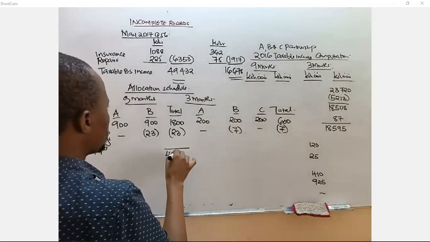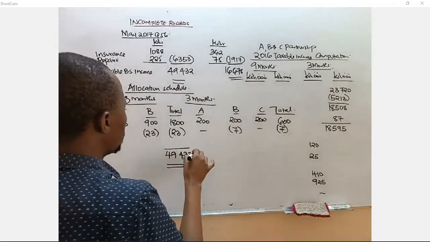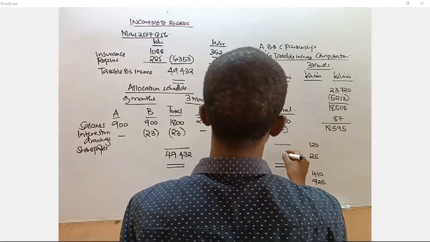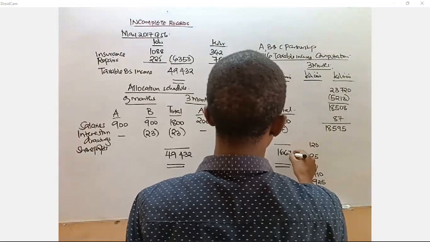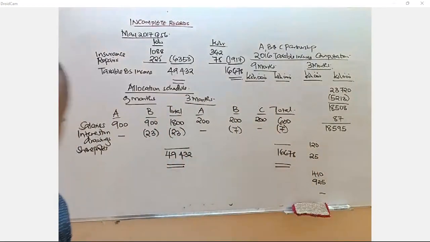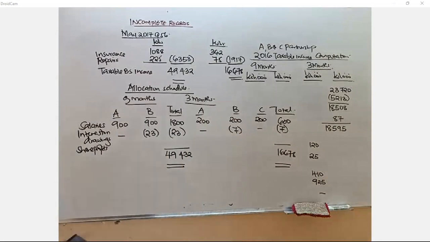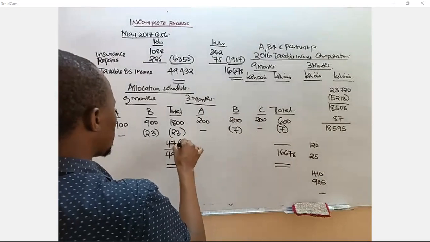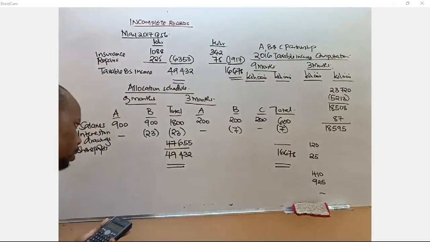was 49,432. Then the other one here was around 16,678. So how much are they supposed to be sharing? You just need to take 49,432 minus 1,800, minus 23, and we are getting around 47,655 to be shared.